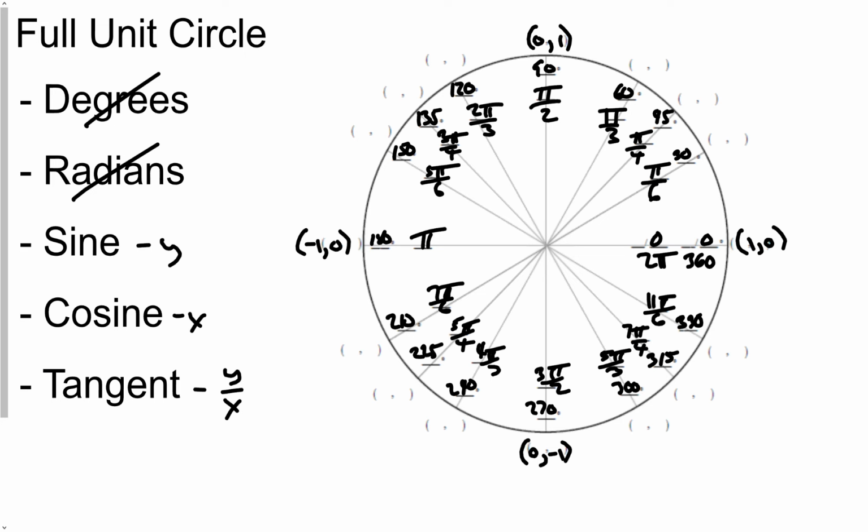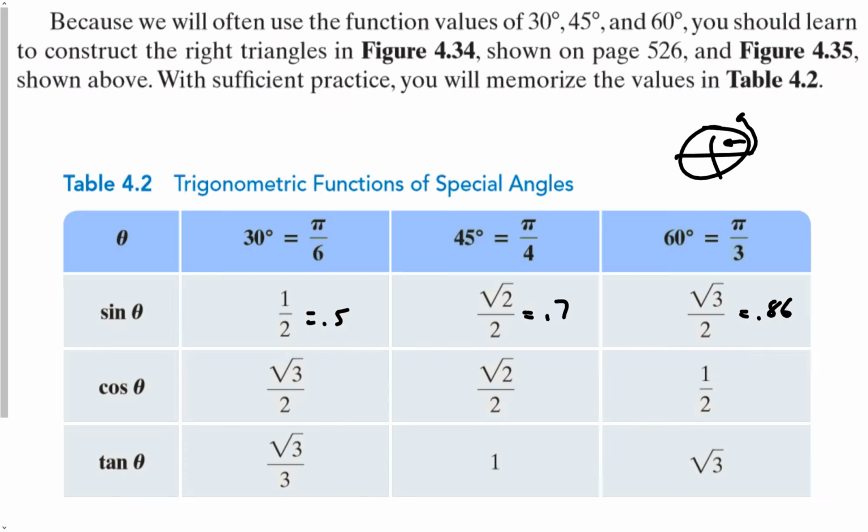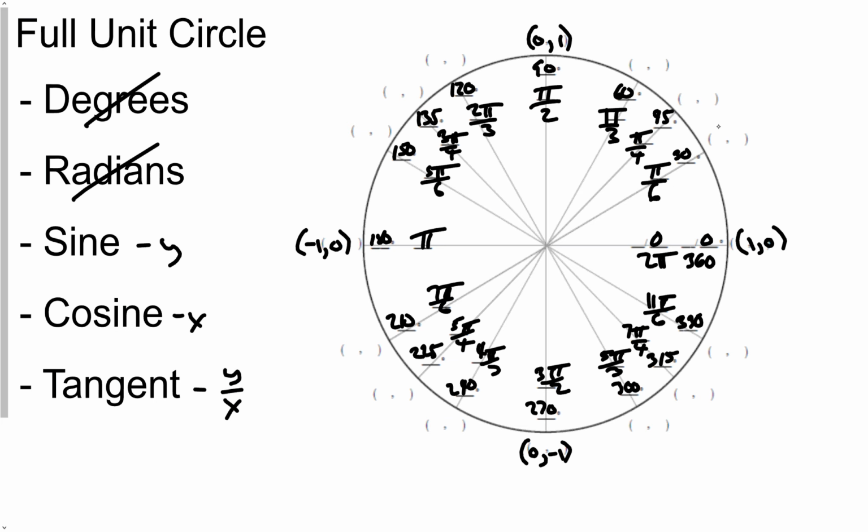So the 30-degree angle, if we go back, the sine of 30 degrees was 1/2, and the cosine was radical 3 over 2. So that's my first coordinate, 1/2, radical 3 over 2.